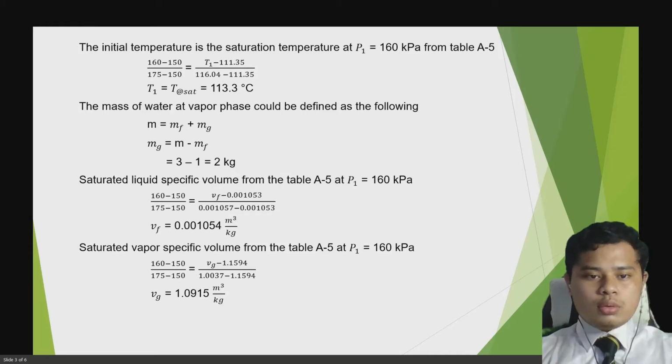So (160 minus 150) divided by (175 minus 150) is equal to (the temperature that we want to find minus 111.35) divided by (116.04 minus 111.35).